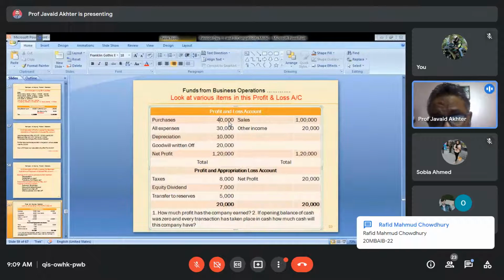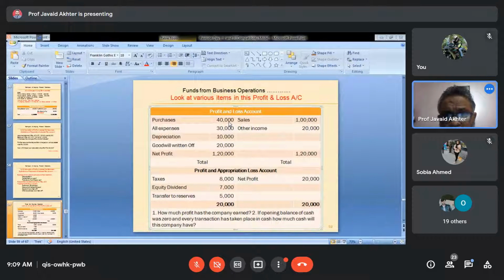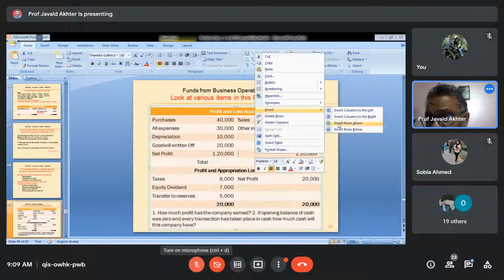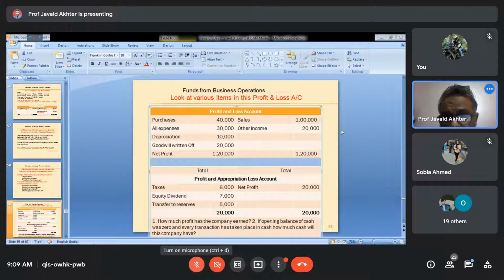Now this total will be correct. Net profit will be 20. I'll add one more row here, the row below.